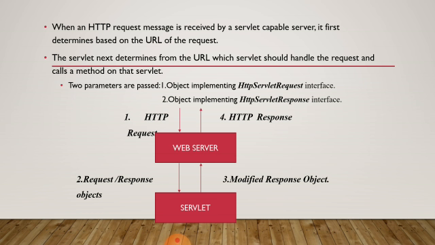Okay, so here see, first one is number one, HTTP request, that is the request from the web browser to the web server, and this request is passed through request objects to the servlet, and the modified response object will be passed from the servlet to the web server, and the fourth one is HTTP response.